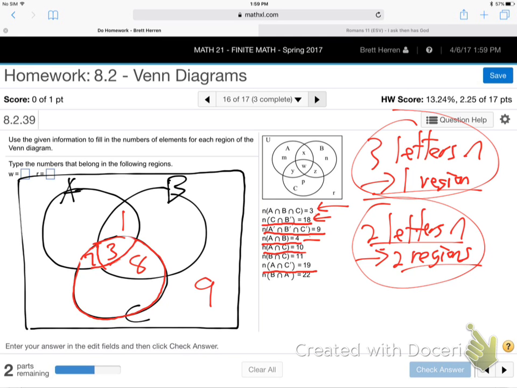This is A and not C, and this is A and not C. Both those 2 dots are in regions that are in A and they're not in C, right? And those 2 must total 19. So one of them's 1. What's the other one? 18. See how I'm piecing this together? It's like a puzzle.